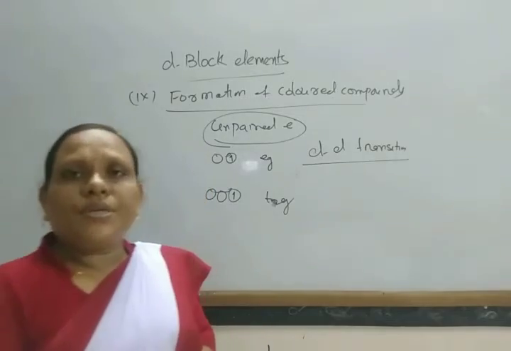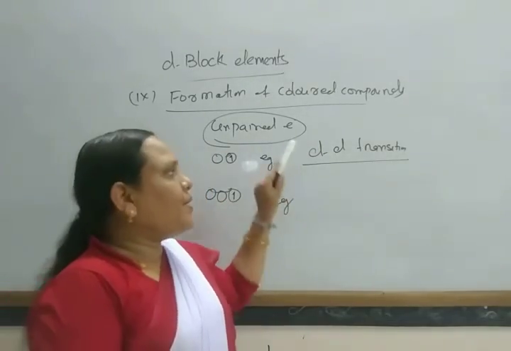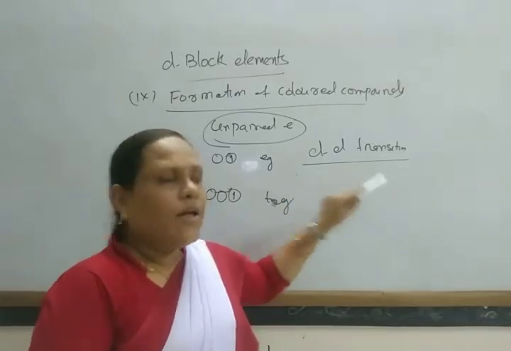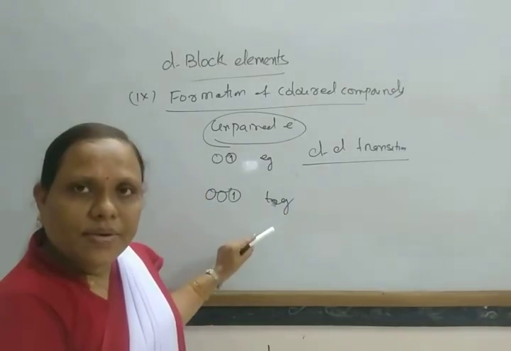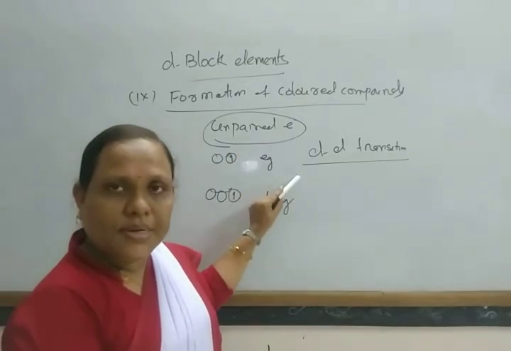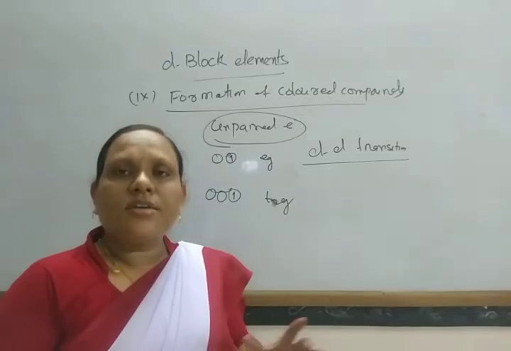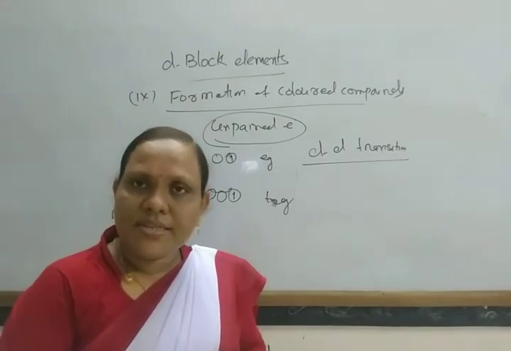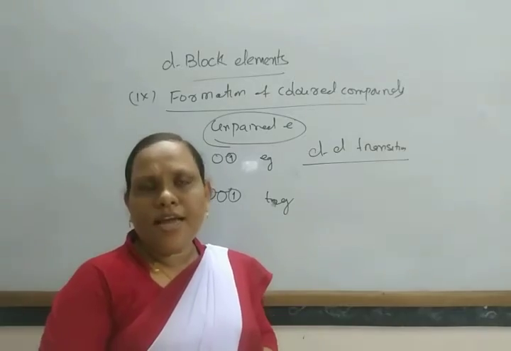So due to the presence of unpaired electrons and d-d transition, electron excitation takes place from one d orbital to another d orbital within the same subshell by absorbing some light from the visible region, and it emits its complementary color.